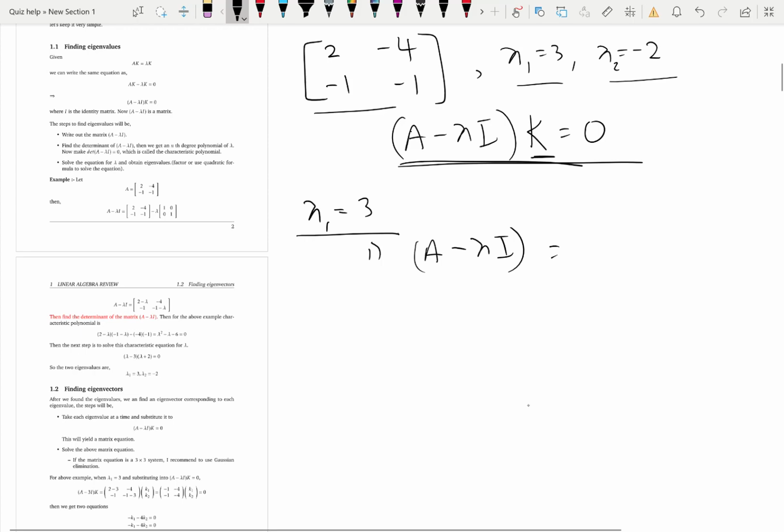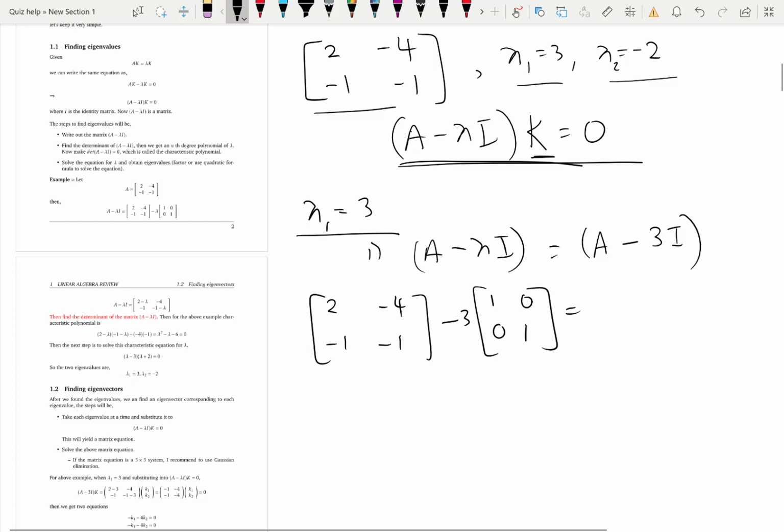So A minus lambda I here is A minus 3 times I, right? Because lambda is 3 in this case. So 2, negative 4, negative 1, minus 3 times the identity, which is 1, 0, 0, 1.